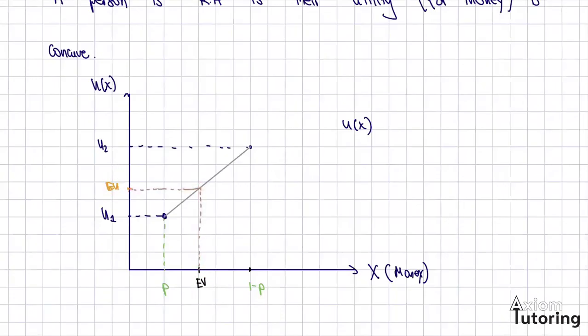If, for example, you realize that you have this expected value here and the expected utility is up here, then you must have made a mistake in the calculations. So every time you calculate expected values or expected utilities, they will have to lie on the line connecting these two outcomes. What will happen if this probability P here is larger? Well, this expected value will shift in this direction, this expected utility will shift in this direction, and the coordinates of the two will shift along the line connecting the two.